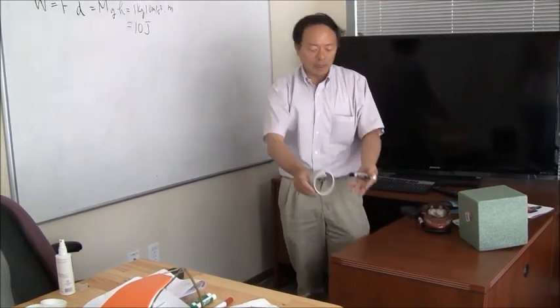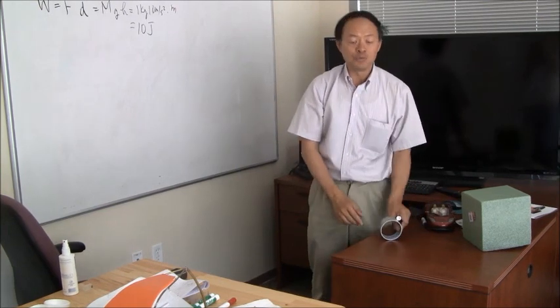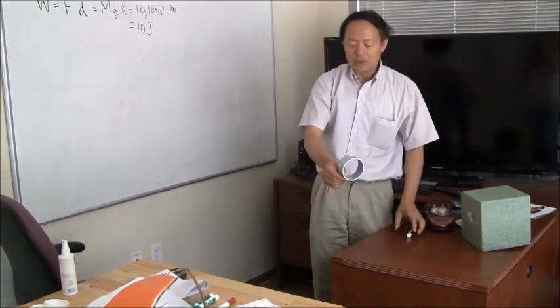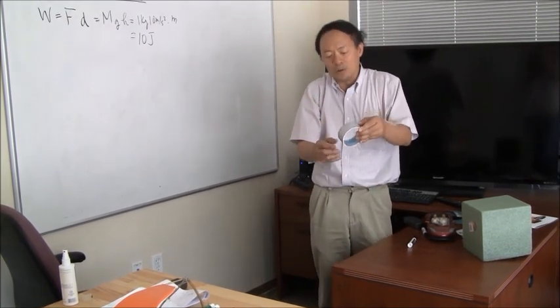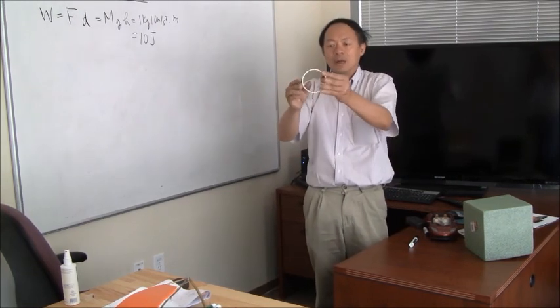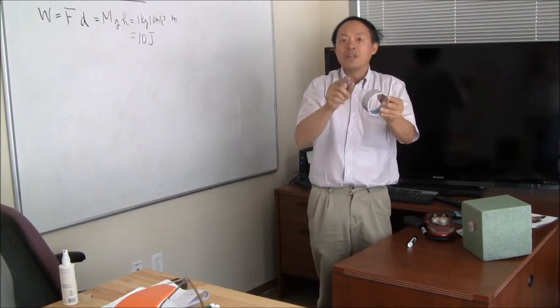It would eventually achieve a constant velocity as it's rolling on the table. So in a sense, the velocity is actually not very simple. You have different parts of this aluminum ring moving at different velocities at different times.